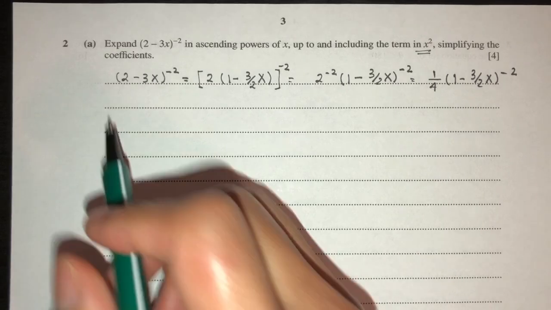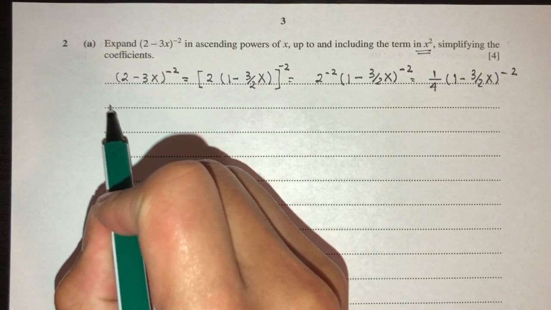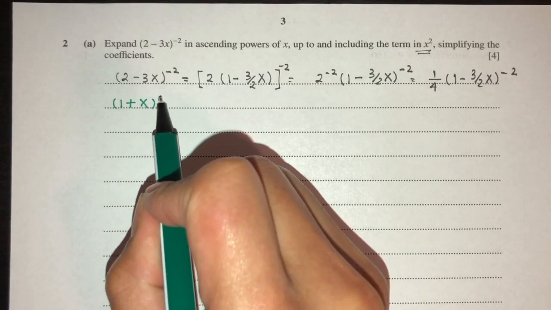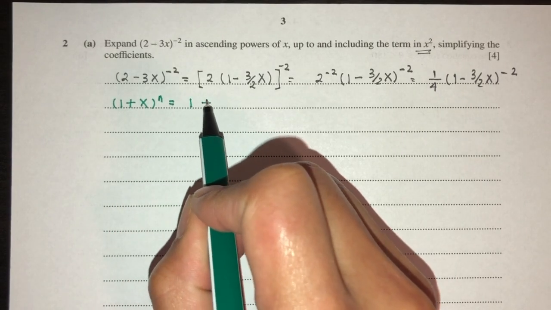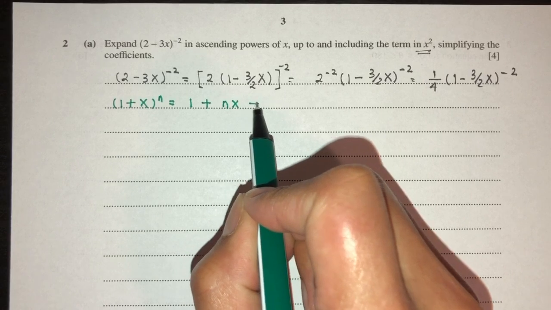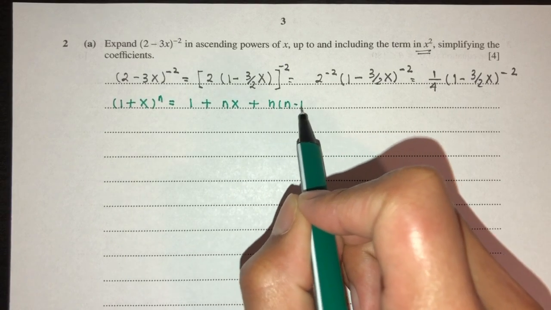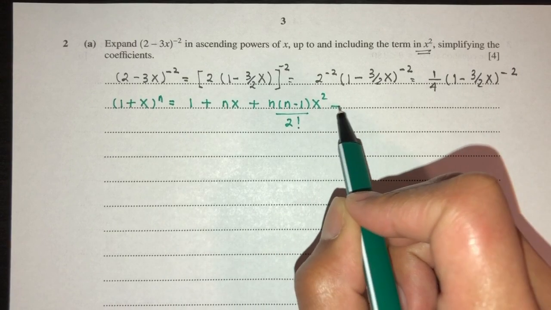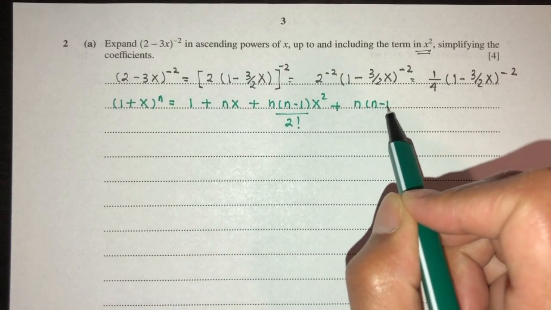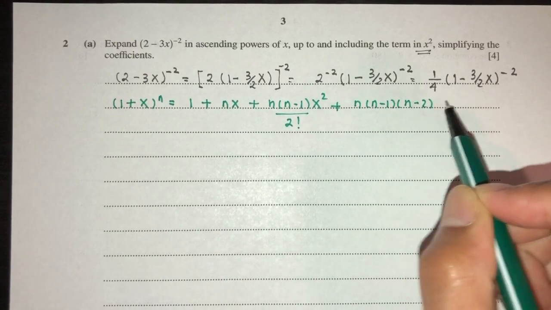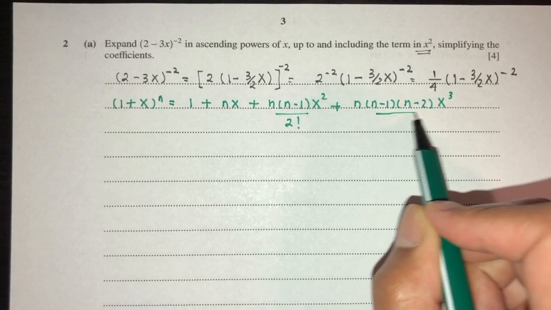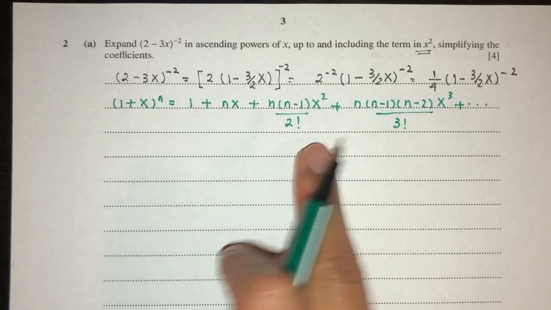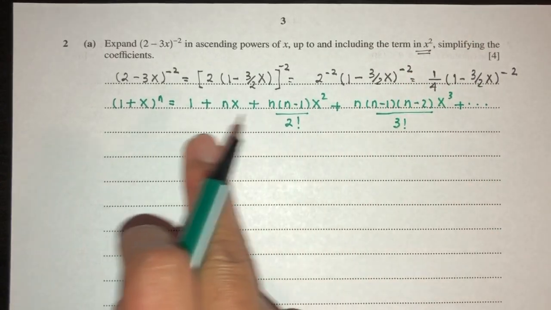For example, if you were to expand 1 plus x power n, you should be having 1 plus n times x plus n times n minus 1 x squared divided by 2 factorial plus n times n minus 1 times n minus 2 x cubed divided by 3 factorial, and it keeps going on. But now we only need the term in x squared. We have to stop right here, right?